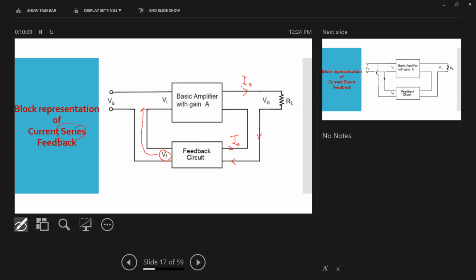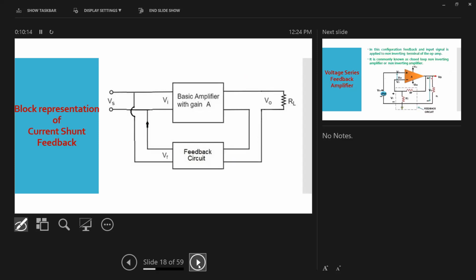Now, similar to this, you will have one more. That is also a current feedback, but it is the current shunt feedback. Again, you can see that from the output side we are taking current only, not the voltage. Whatever current I0 is flowing here will flow through the load RL, and then it will take the path through your feedback circuit, then come out and complete the closed path of I0 like this.